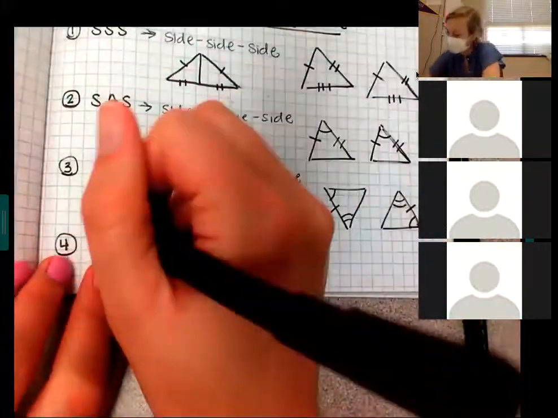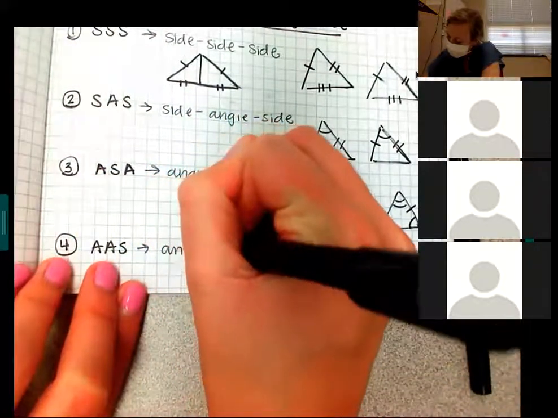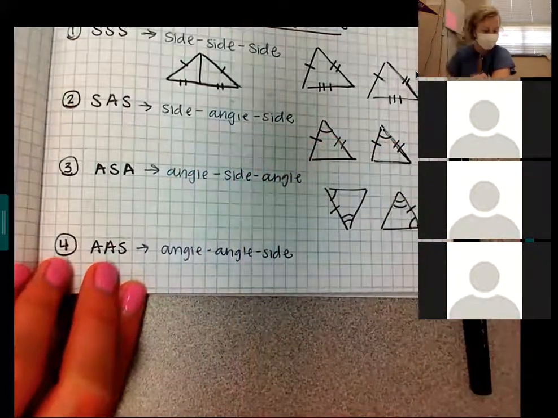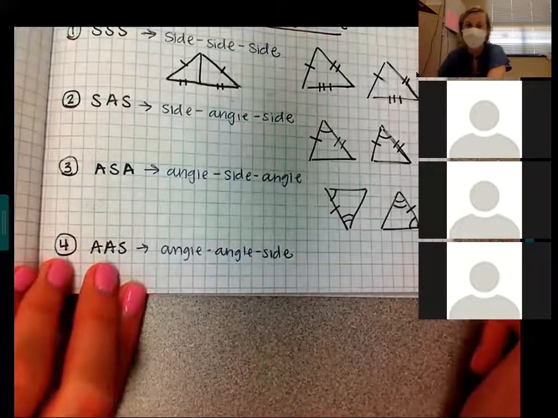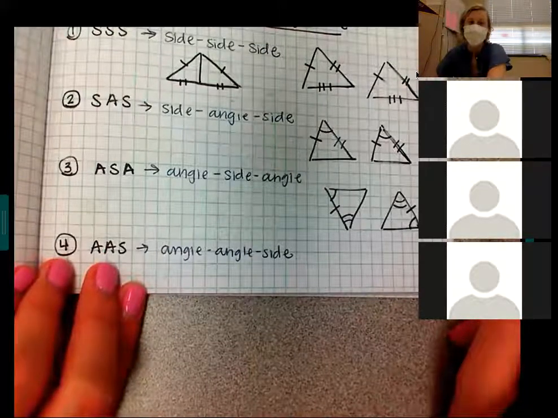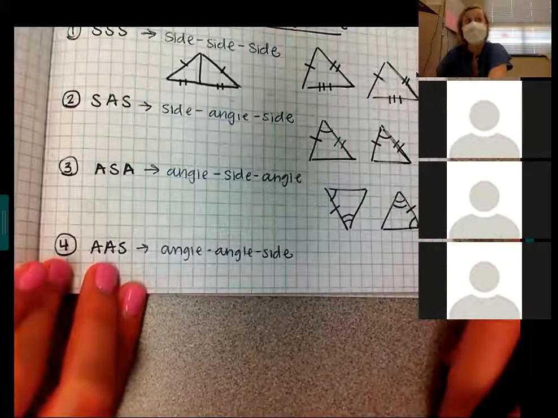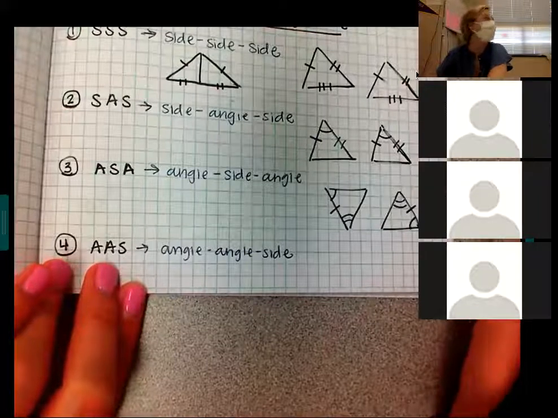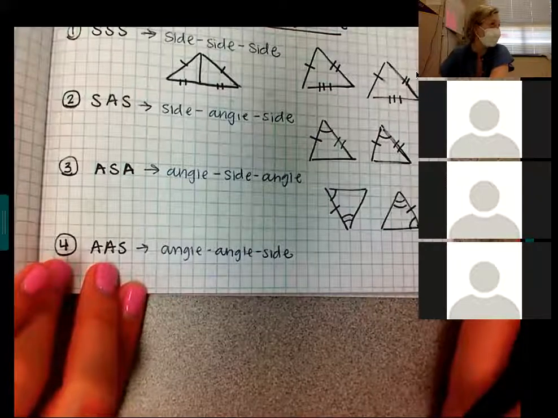All right, and then the last one, and then we're gonna do some examples. This is angle, angle, side. So you can know two angles and then a side outside of them, because if we know two angles are congruent, that means the third one would also be congruent.